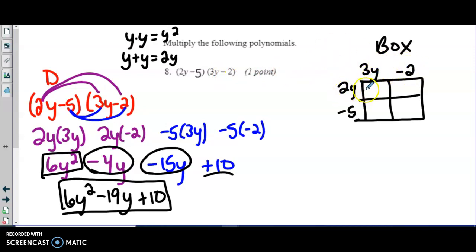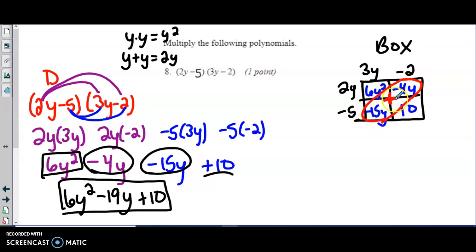And then to fill in the box, this first space, we have 2y times 3y, that's 6y squared. Here we have 3y times negative 5, that's negative 15y. Over here we have negative 4y. And then here we have positive 10. The cool thing about the box method is when you go to combine like terms, you can kind of already see there's a plus sign.